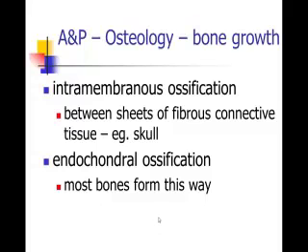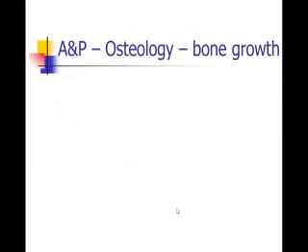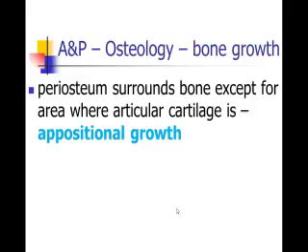Most bones form this way from a cartilaginous matrix that is there first. So you have hyaline cartilage, and that changes eventually into bone. A good example of that would be the sternum. The sternum is four sternebrae surrounded by cartilage and connected by cartilage, but eventually that all becomes one piece.